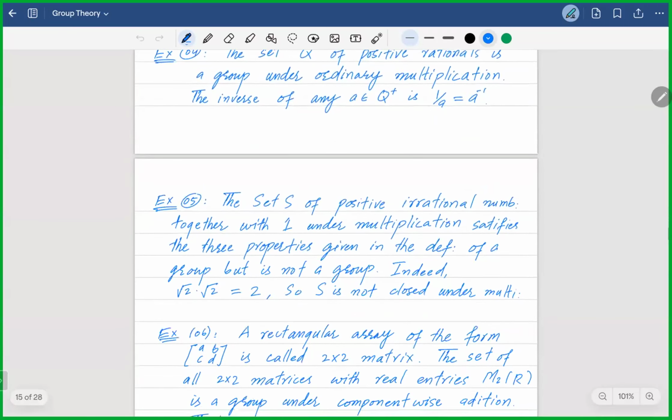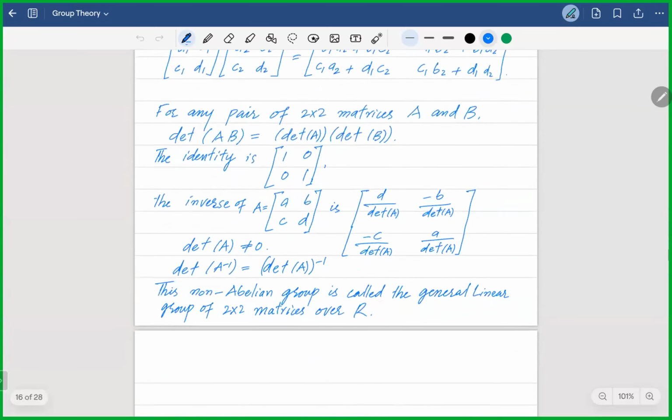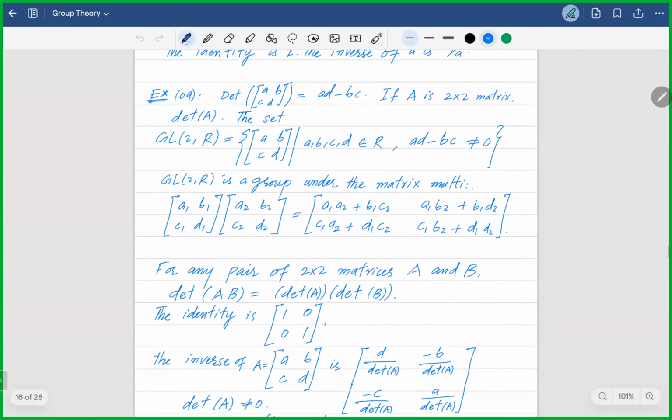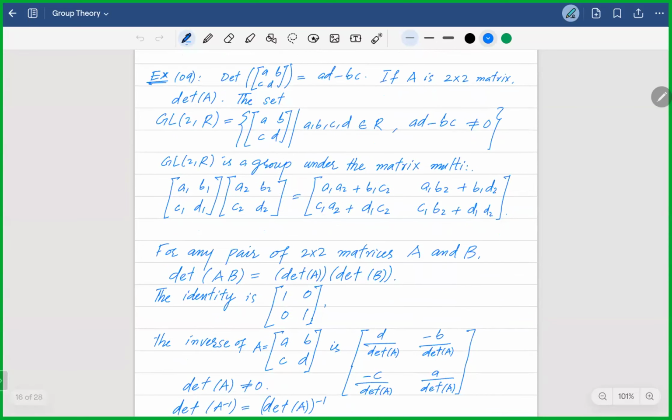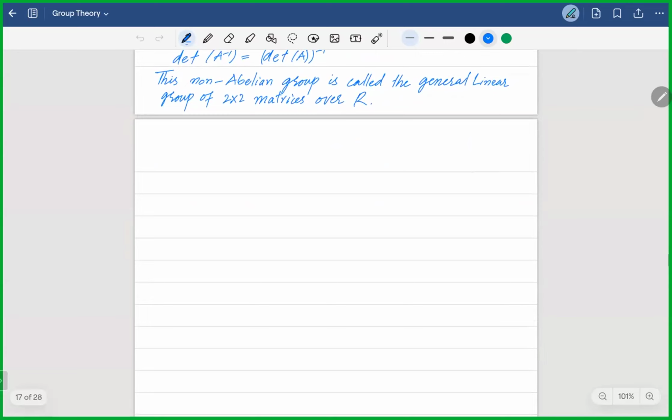Previously we talked about 9 examples, where the last one was the general linear group: the 2 by 2 matrices with non-zero determinant under multiplication of matrices is a group.